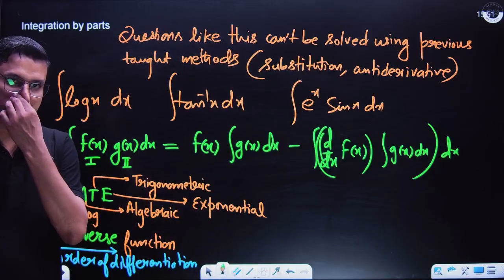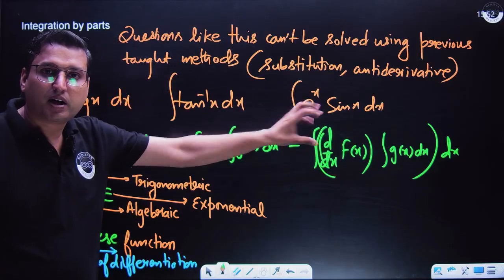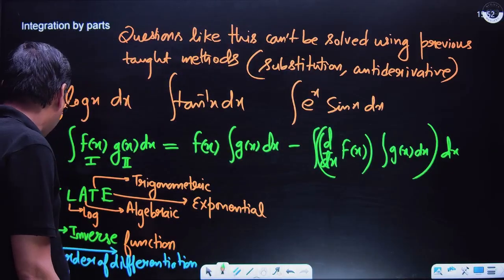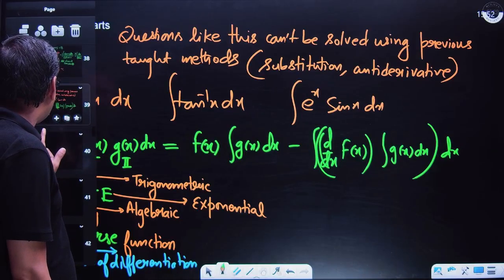Is this clear? Is this understood? This is the method of integration by parts. Now I am going to link it with the product rule in differentiation. The product rule in differentiation will be written like this.